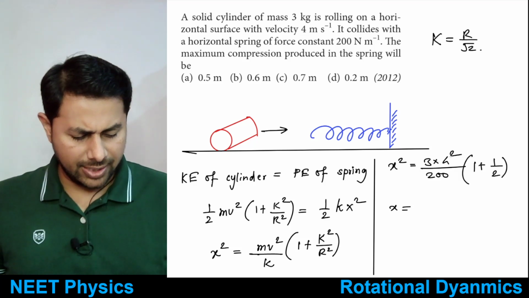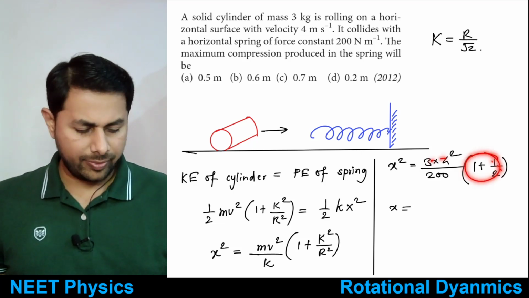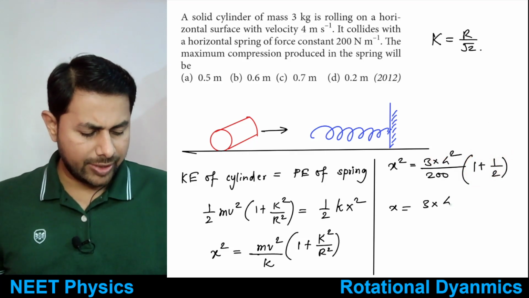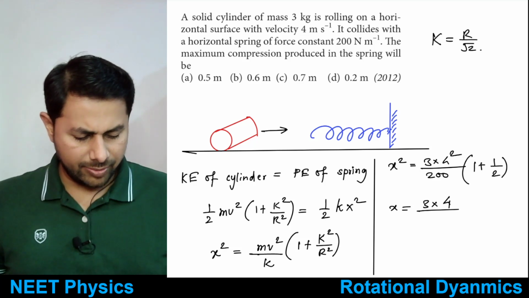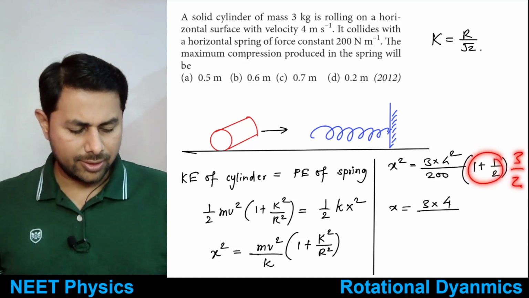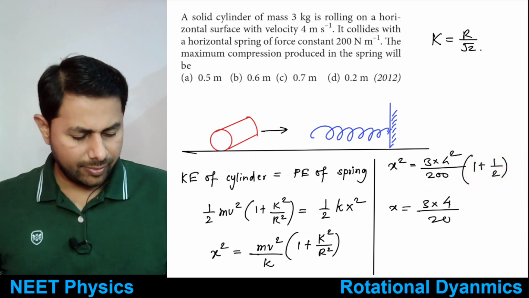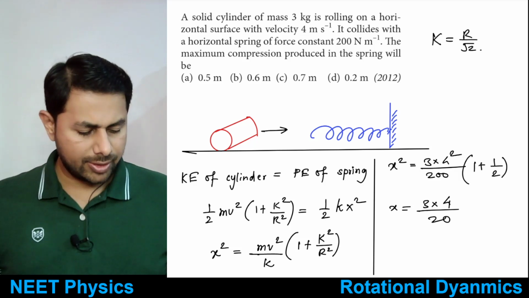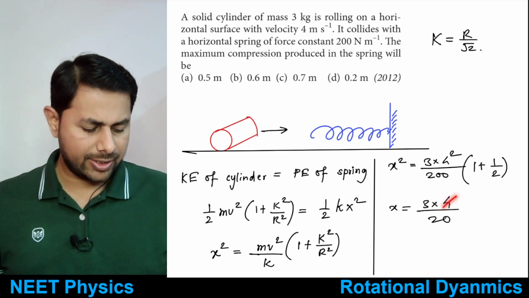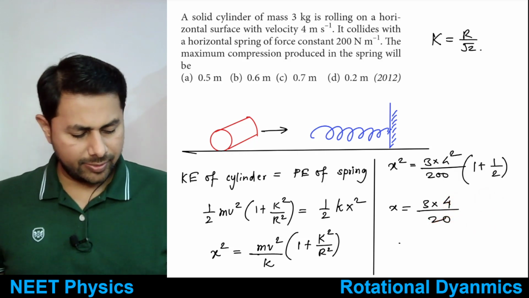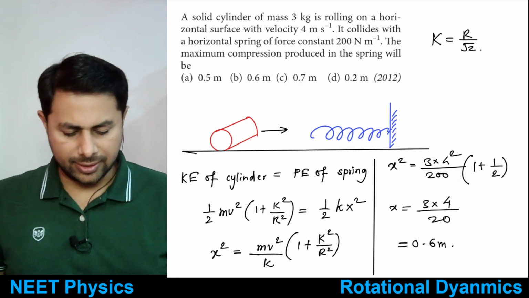You have 3 times 3 also here. This is 3 by 2, so the square root of that is 3. Then 4 square root is 4. And in the denominator, this was 3 by 2, no? So 2 times 2 is 400. The square root of that is 20. So 3 times 4 divided by 20, or you can say it's 3 times 2 divided by 10, means 6 by 10, 0.6. 0.6 meters is the answer.